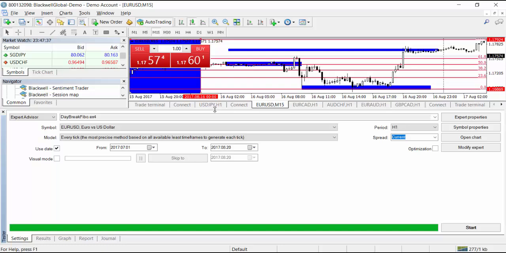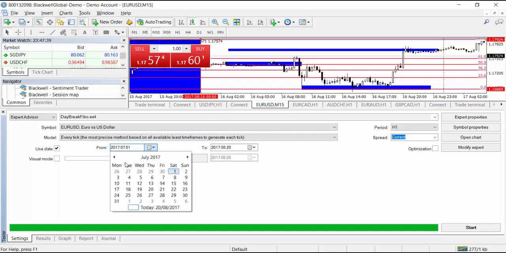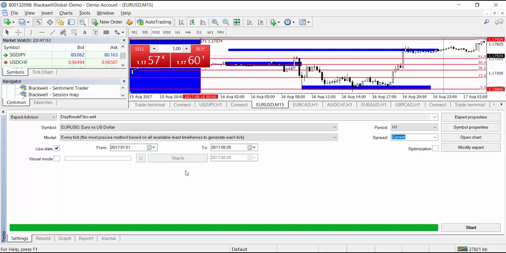Not irrelevant, but definitely less relevant. Let's go back to, let's say, January, just to make sure that we can complete all the analysis. It's quite data heavy, and I want to make sure that I can get through everything.